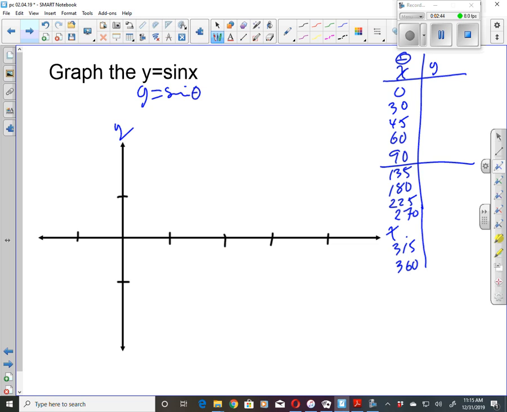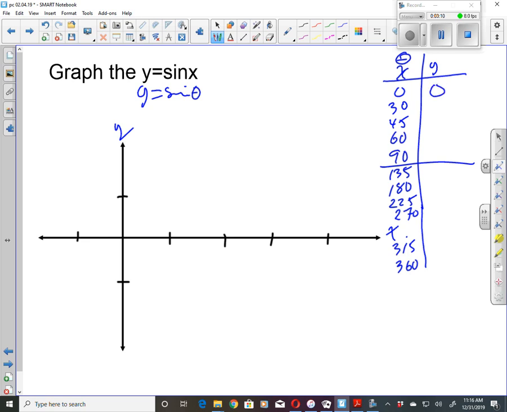So notice that when I plug in for a sine function, when I plug in 0, and you all should be using a calculator for this, I want you to go ahead and plug this into the calculator and see what you get. Now make sure that you're in degrees.